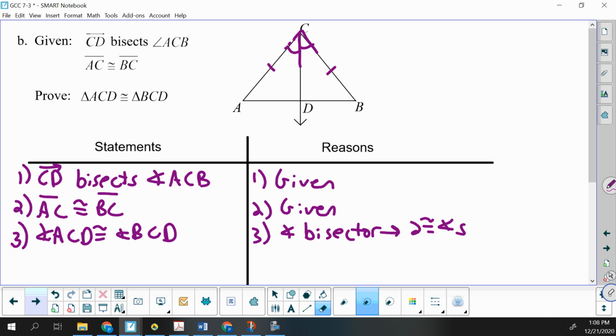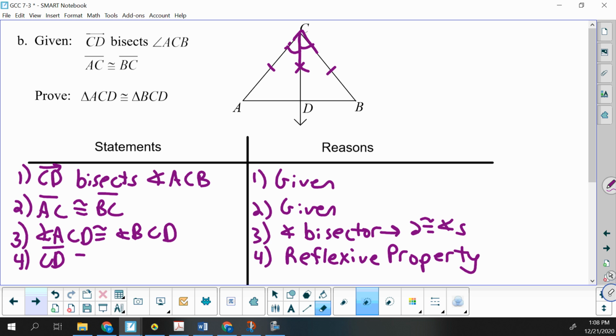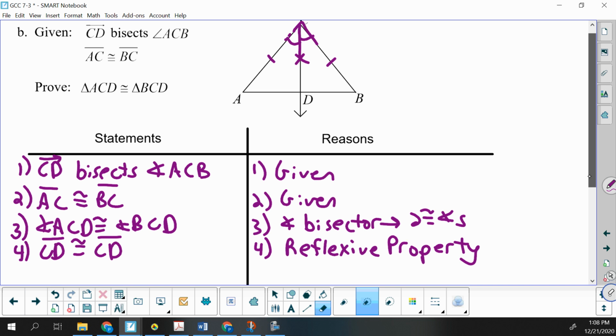So far we only have two things marked. So again, let's be on the lookout for vertical or reflexive. They're sharing CD, so we can do the reflexive property, and we'll have CD congruent to CD for our statement. Notice in our picture, in each individual triangle, we have an angle marked between two sides.